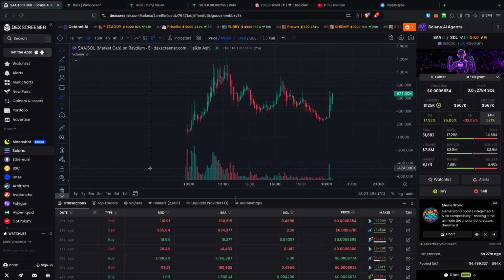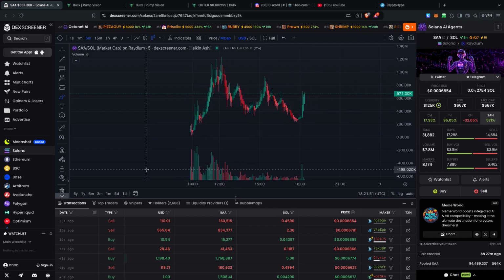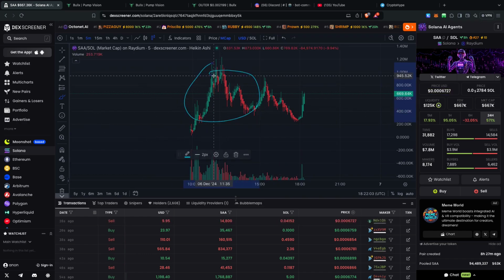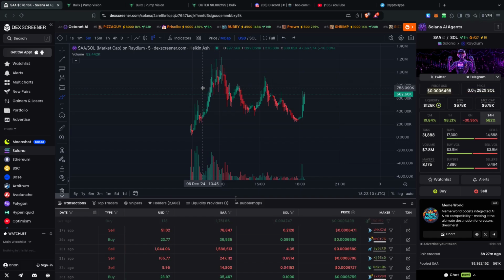What you have to now start identifying are the levels of getting in and out, and also the psychological levels as well. One thing that you have to realize is, before a Solana meme coin goes on Raydium, there are a lot of psychological triggers. There are a lot of psychological numbers that are key and important for the price action of a particular coin. Let me explain.